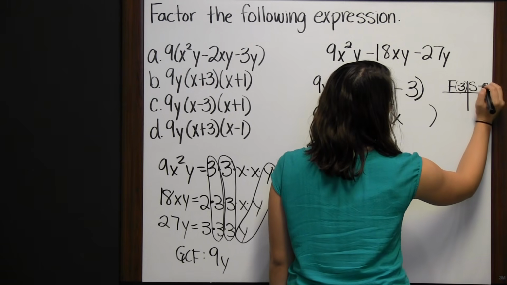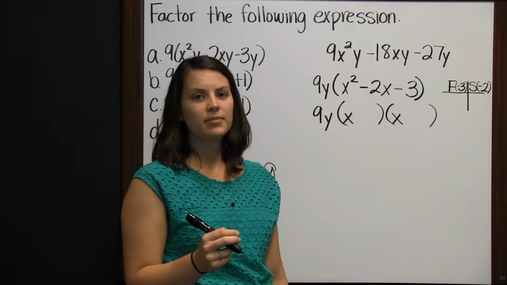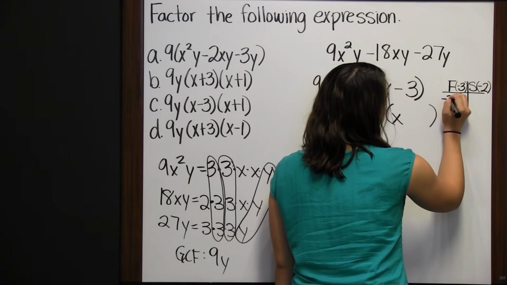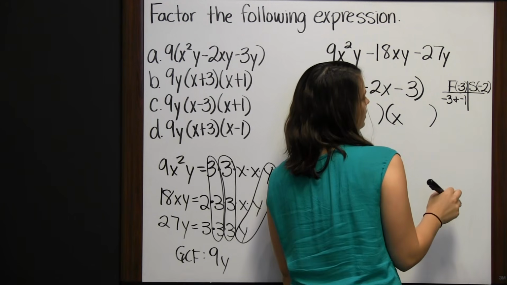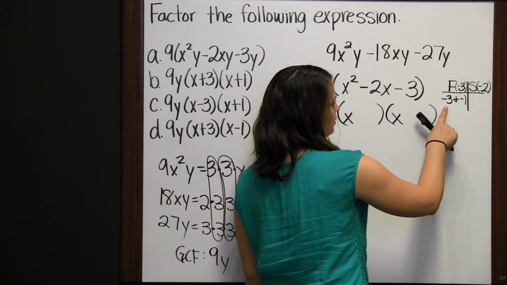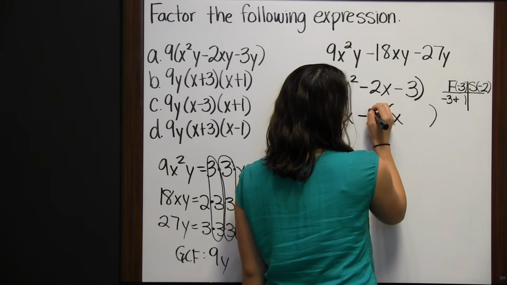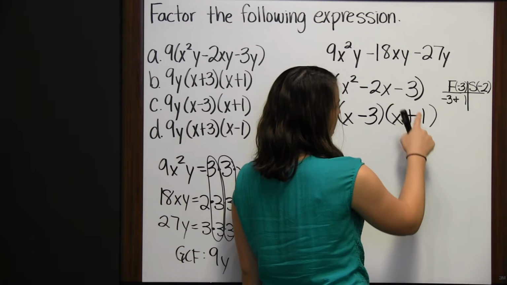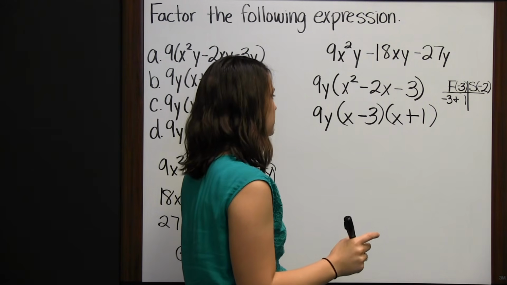The factors of negative 3 that have a sum of negative 2. And the only factors of negative 3 that would have a sum of negative 2 would be negative 3 and positive 1. Negative 3 times 1 is negative 3, and negative 3 plus 1 is negative 2.